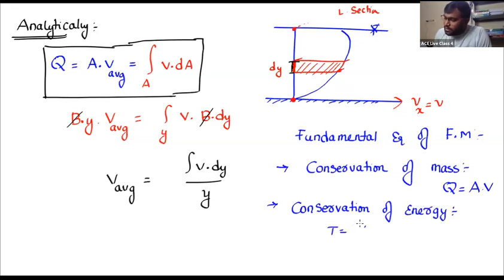So what is the total head? P by rho g plus velocity head v square by 2g plus datum head.